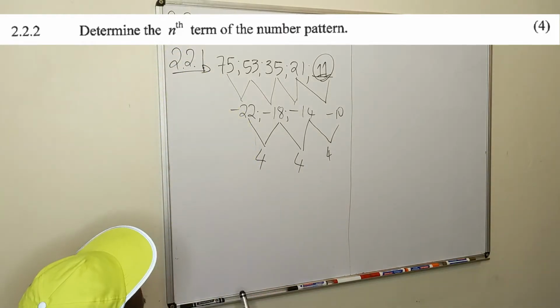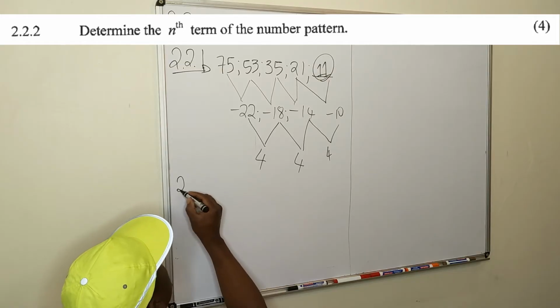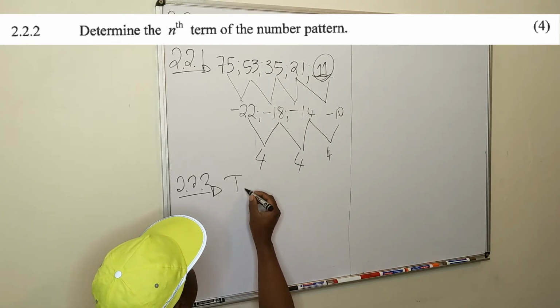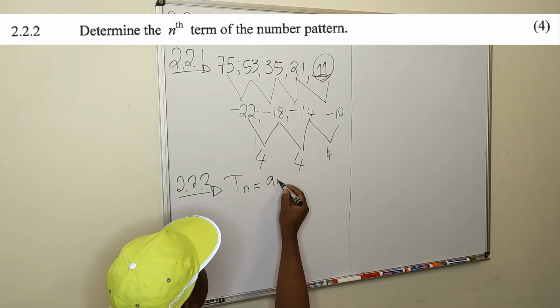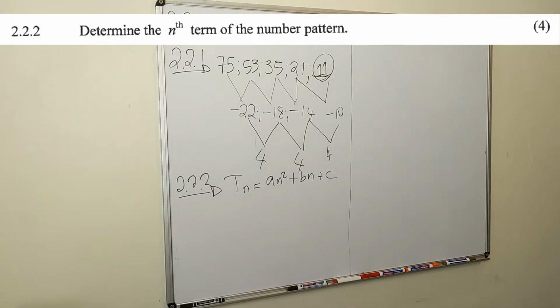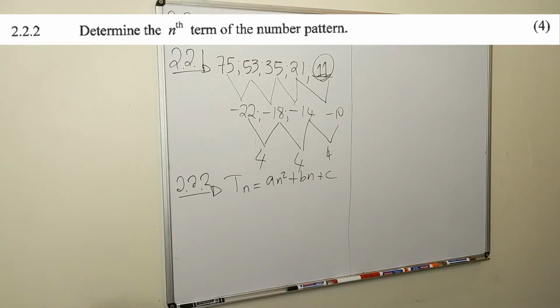This is a quadratic pattern, and the quadratic pattern has the nth term Tn equals an squared plus bn plus c. It is in this form. Now we must find a, b, and c of this pattern.